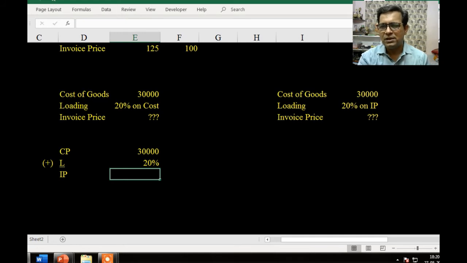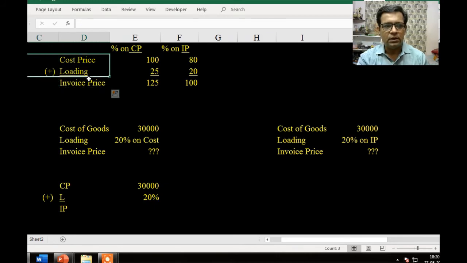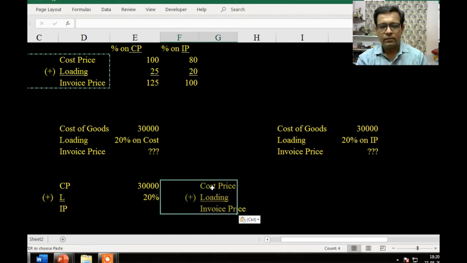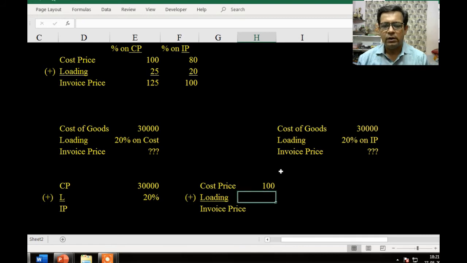Simple. Let's use the formula that we have written here. Let me just copy this down and bring it here. Okay, my cost price is there, but loading is what? 20% on cost. So I will take cost 100. My loading will become 20.